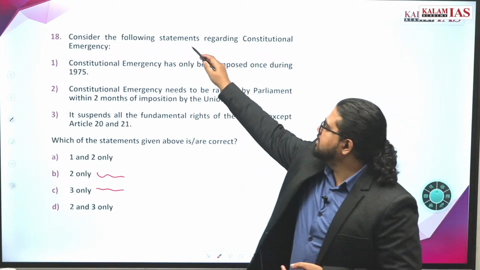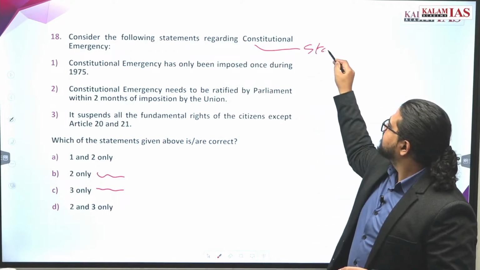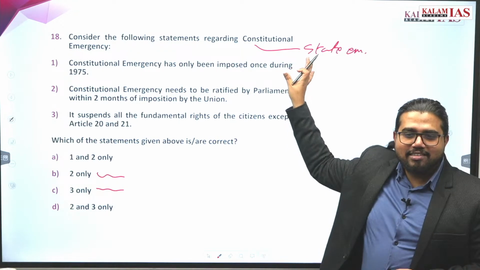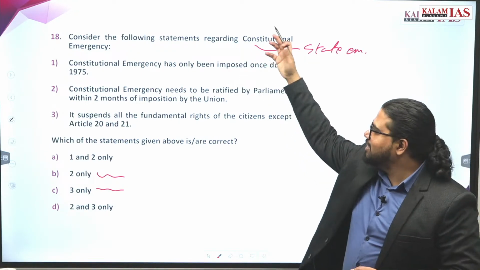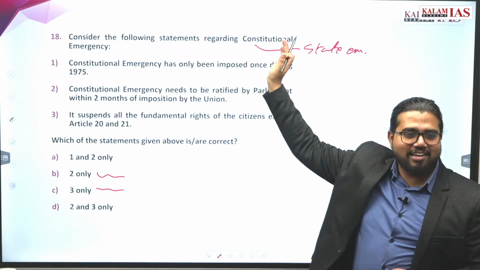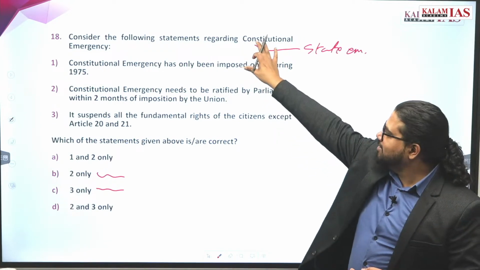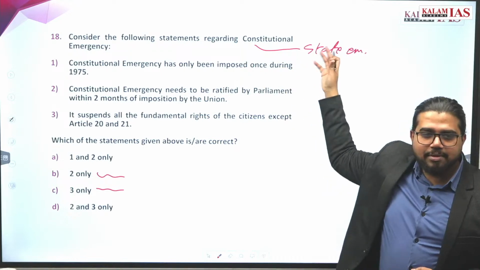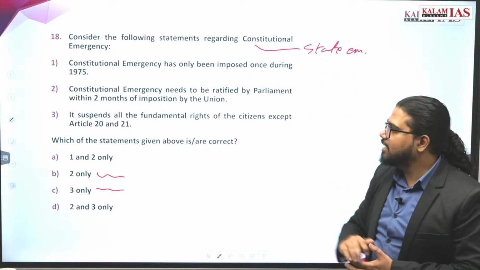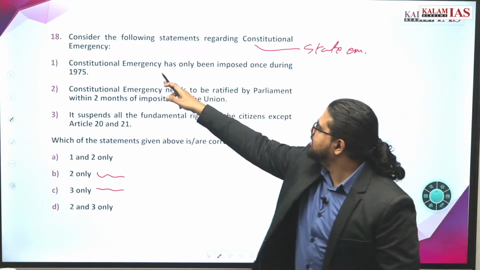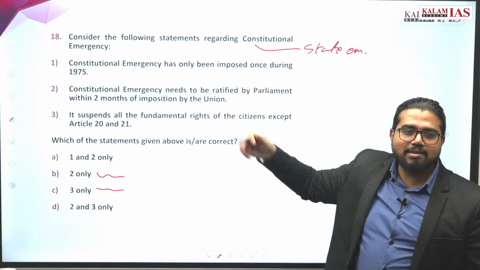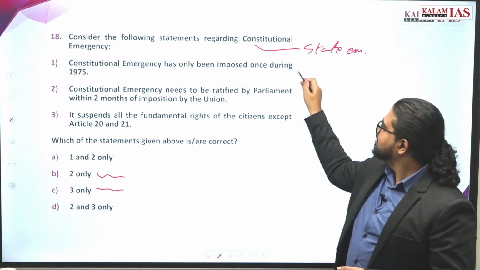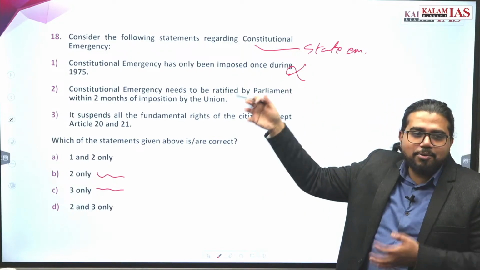It is state emergency. This mistake you should not make. If you think this is national emergency, then it becomes a whole other level of answer. If you can remember or understand that constitutional emergency means state emergency, then it becomes very easy. National emergency has been imposed only a few times, while state emergency is imposed every year. Hundreds of times already imposed. So the option is made to confuse.